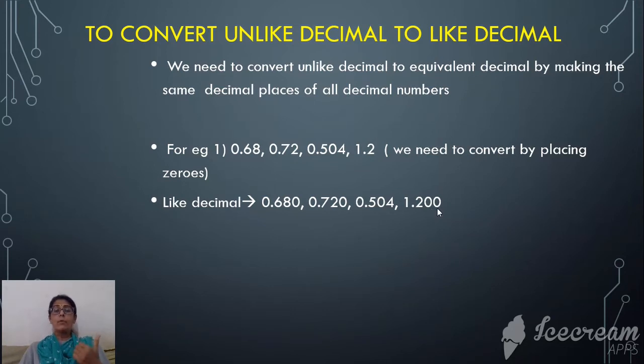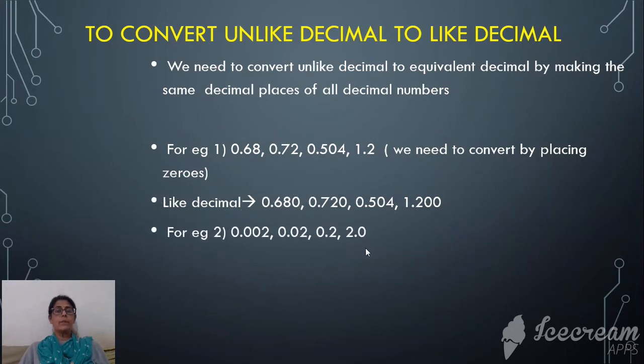Just now I have told you in one slide that if we place any zeros at the end, it will not change the value of the decimal number. बाद में जीरो प्लेस करने से डेसिमल नंबर की वैल्यू में कोई चेंज आता नहीं है. It will not change the decimal number's value. So the like decimal numbers we have got here are 0.680, 0.720, 0.504 and 1.200.